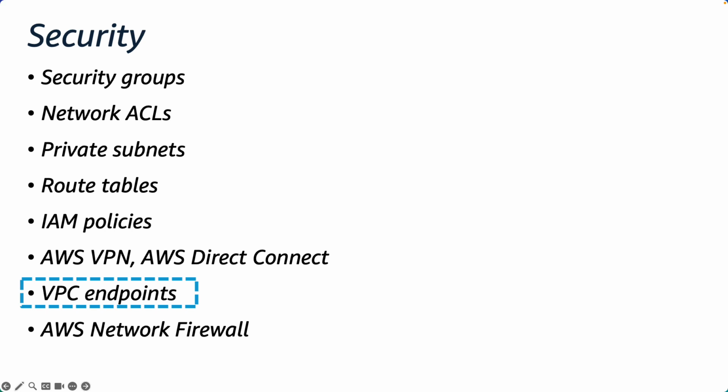The VPC interface endpoint connects your Amazon VPC directly to the SageMaker API or SageMaker runtime using AWS PrivateLink without using an internet gateway, a NAT device, VPN connection, or an AWS Direct Connect connection. The instances in your VPC do not need to connect to the public internet in order to communicate with the SageMaker API or SageMaker runtime.